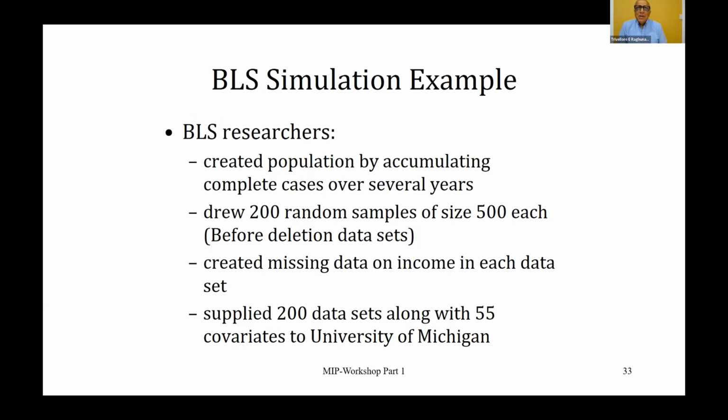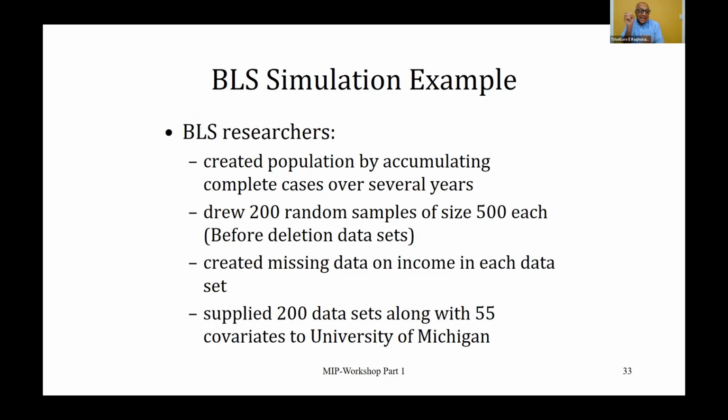Well, let's do a simulation study. They created a population by accumulating complete cases over several years, and drew 200 random samples of size 500 each. These are called before deletion data sets.